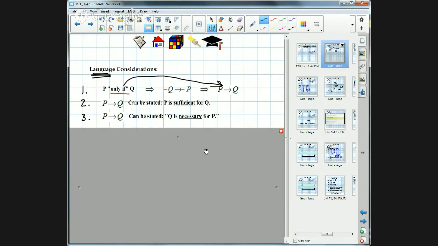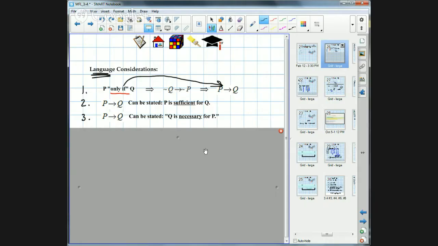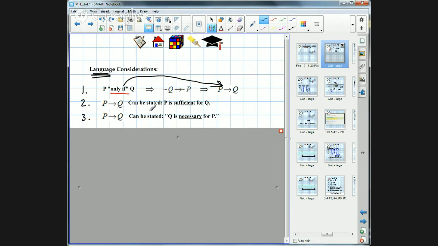Could you say that again, please? Yes. If you look at the illustration, when you have an if-then statement, I'm symbolizing them here with arrows. The first statement is always the one that's sufficient, that is, in this case, the P. The guy on the pointy end of the arrow is always the necessary one.